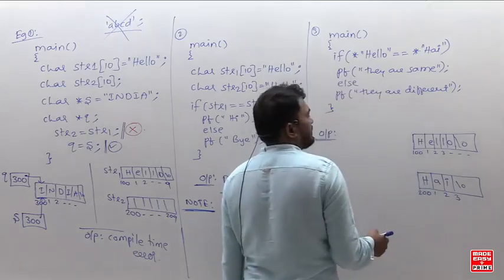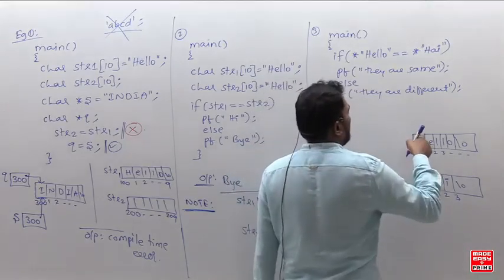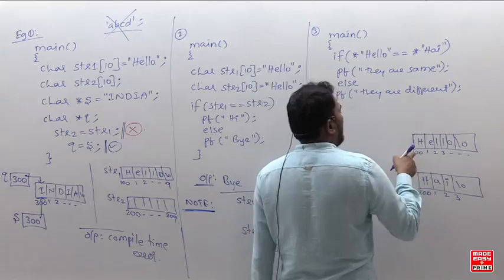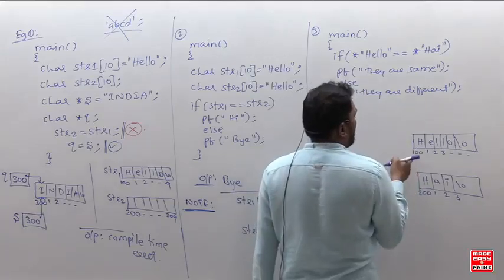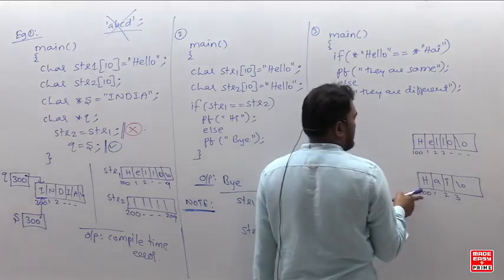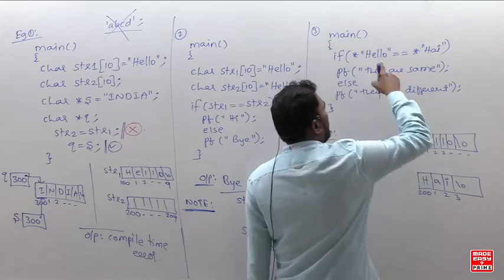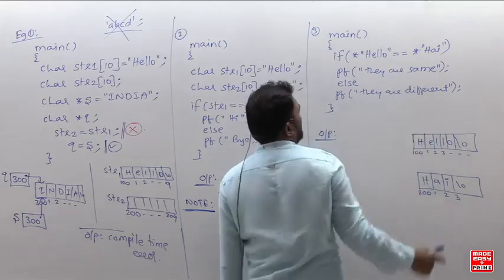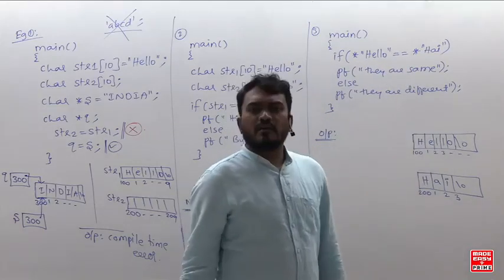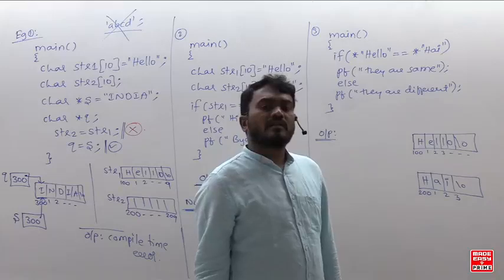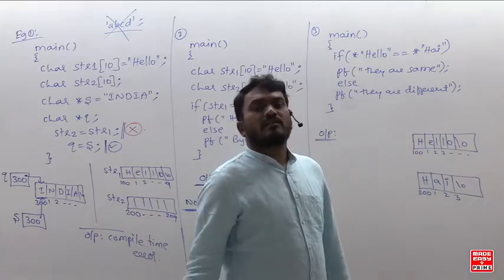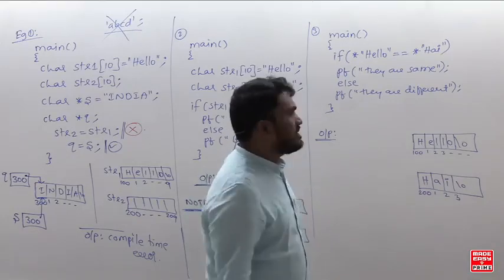This one has capital H and this one also has capital H, at base address 100 and 200. If the string is given in double quotes, base address is given.